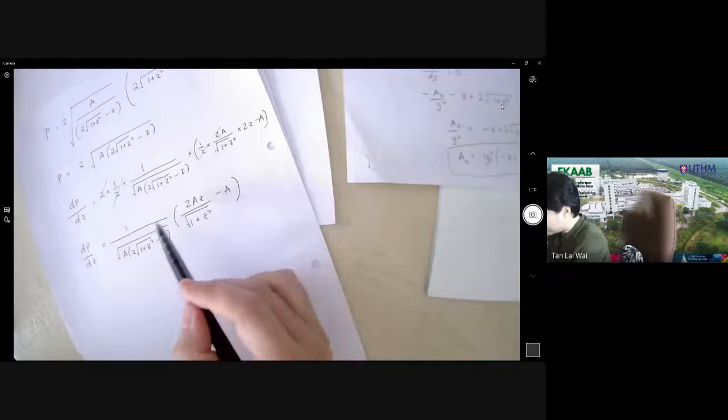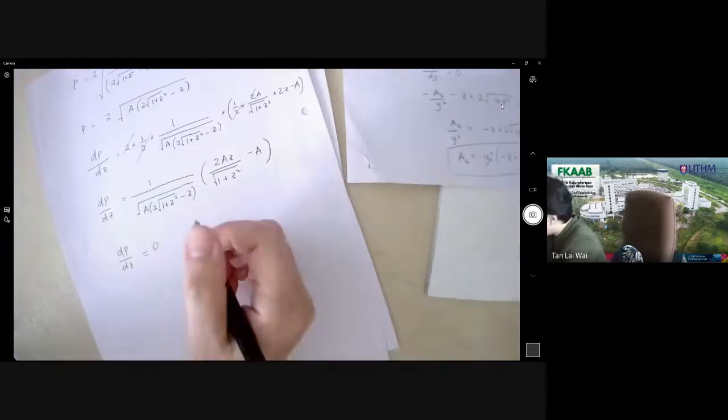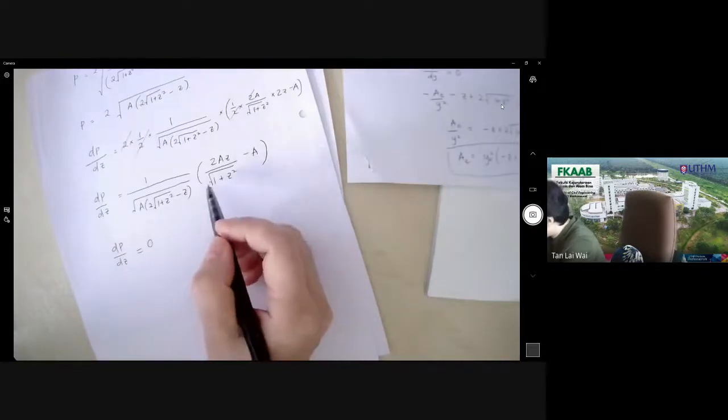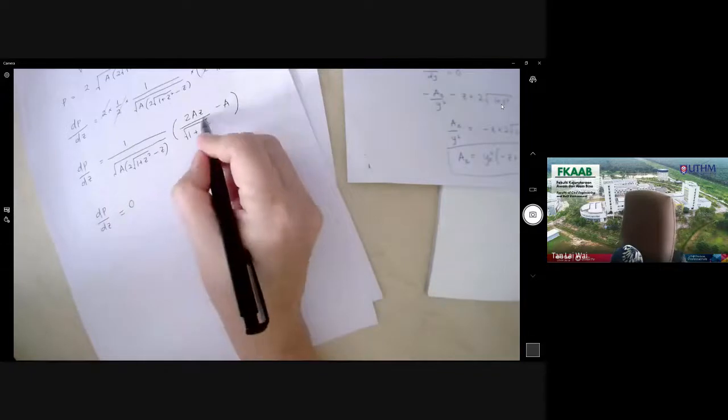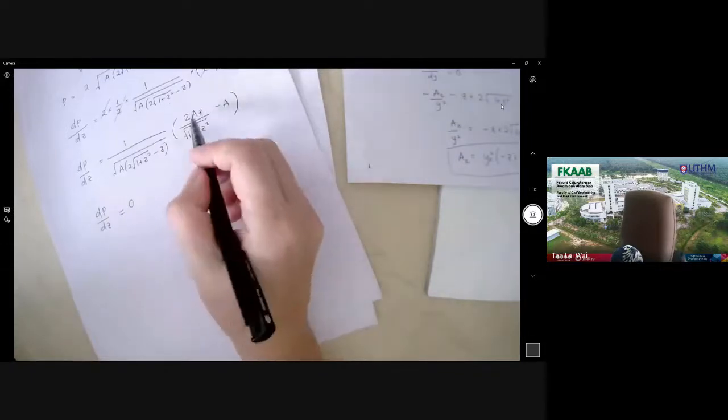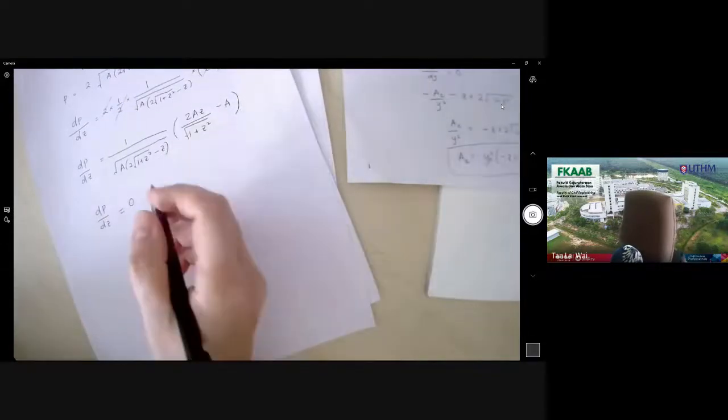When you combine it, you'll have this divided by this. Then set dp over dz equal to 0. Again, you are trying to find P minimum. So when I set this equal to 0, I'm going to have this is the numerator, this is the denominator.